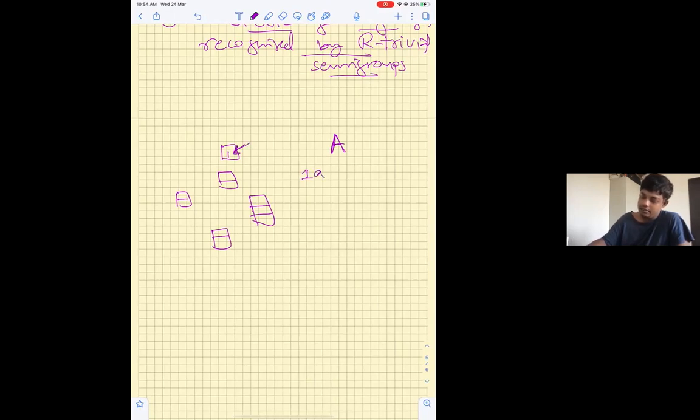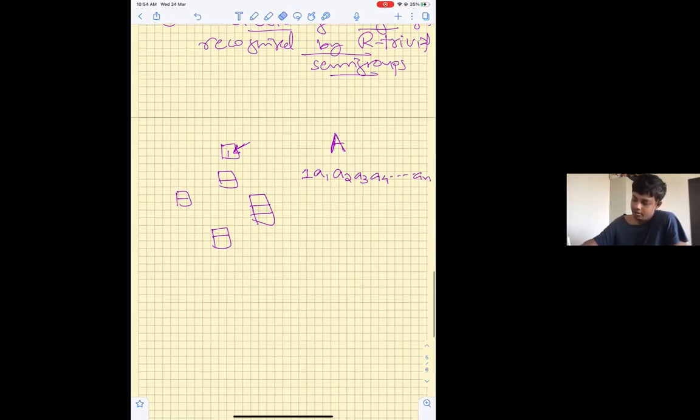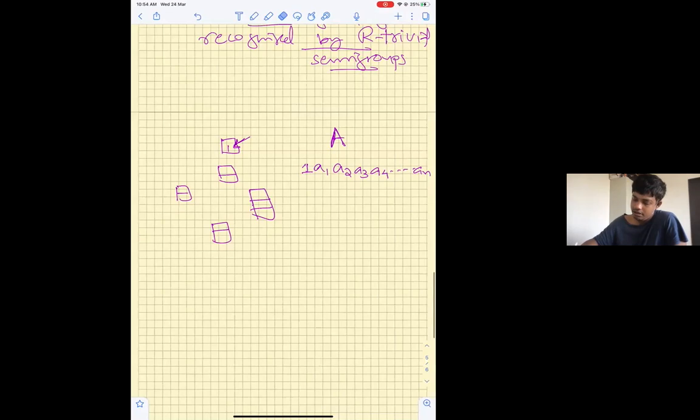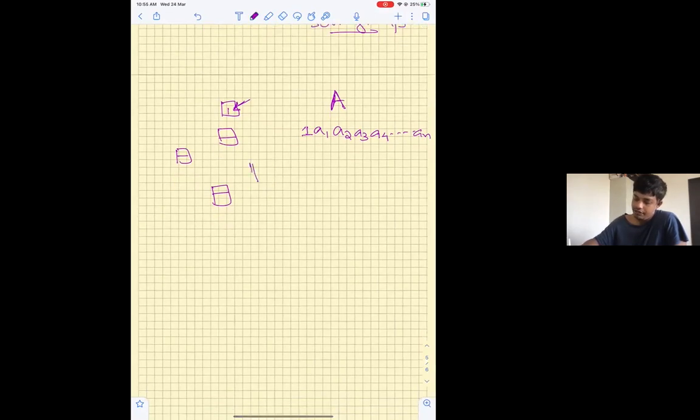And then some word is coming, A1, A2, A3, A4, up till AN. So I'm starting at 1. And can you tell me, if I have a D class like this, what about this R class and this R class?